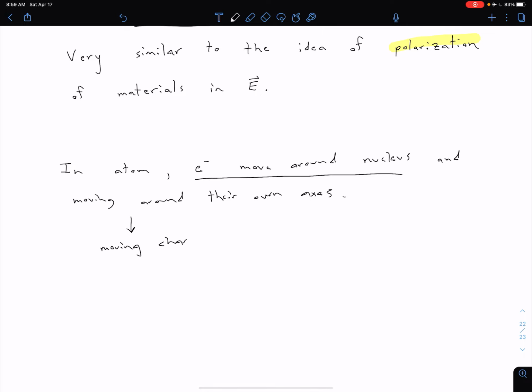And so of course, if we have moving charge, we know that that can induce not an electric field, a magnetic field. So we're going to say that this creates some internal magnetic field, and let's call that magnetic field B sub I.